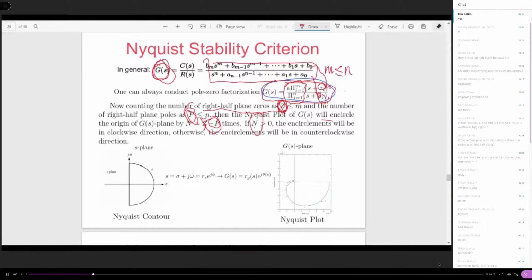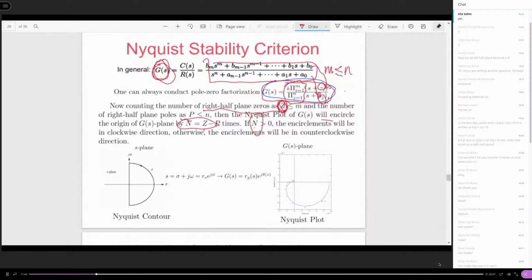If Z is equal to P, that is possible. That means you have an equal number of right half plane poles and zeros. Then you don't see any net encirclement around the origin. Based on this evaluation, every situation is included.